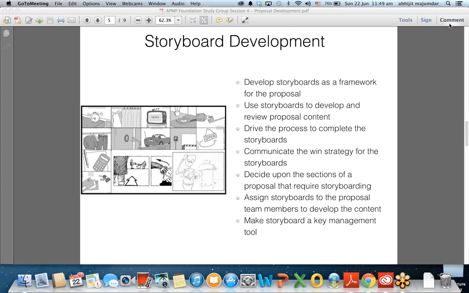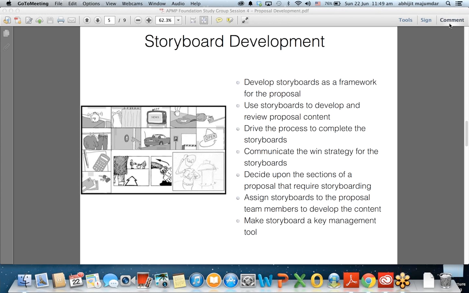For example, the customer is asking for pointed financial data, or pointed data about your capabilities, how many resources you have, the geographic spread of your resources, the capability spread of your resources. In those scenarios, you may not need to create a storyboard.